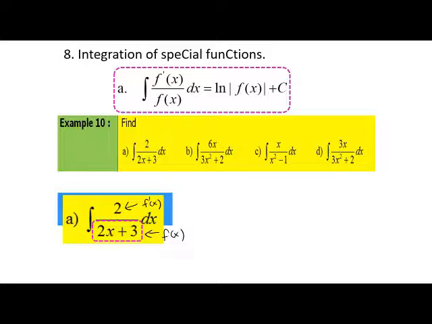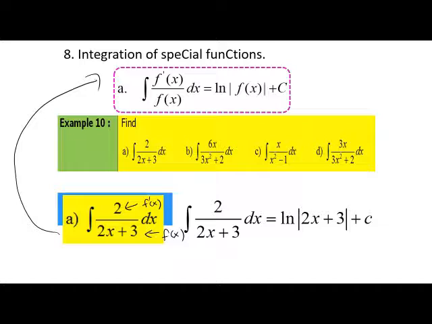So that's why we may apply this rule, and we will have ln 2x plus 3 plus c, because we apply this rule.